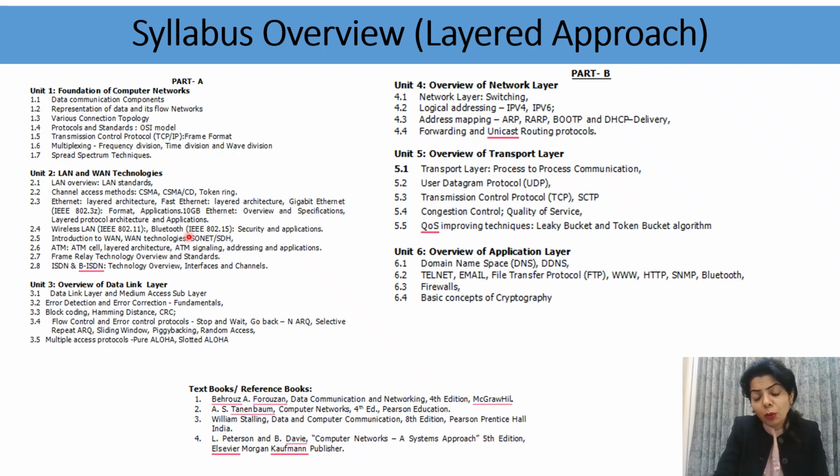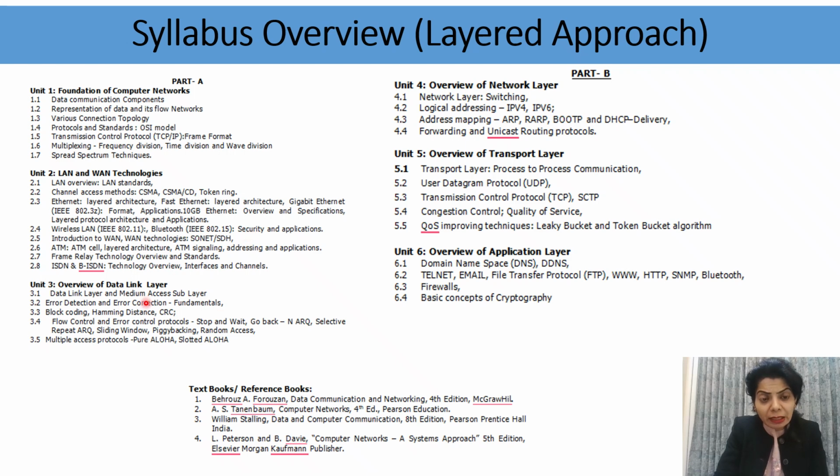Then Unit 2 talks about the various LAN and WAN technologies. Here, you will be studying the channel access methods: CSMA, CSMA-CD, token ring. Then we'll be studying Ethernet and the various types of Ethernet. And then Bluetooth, ATM, frame relay; all these technologies will be dealt with here.